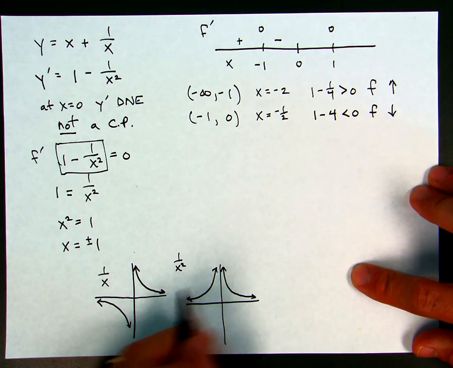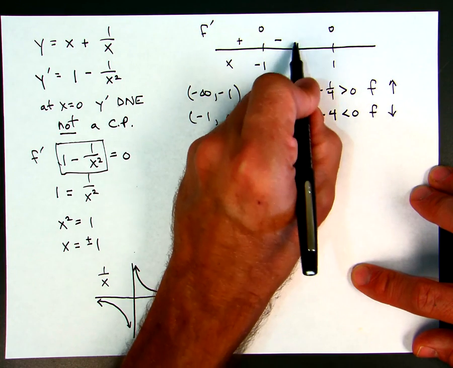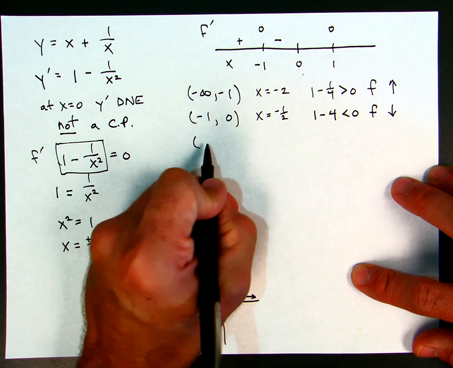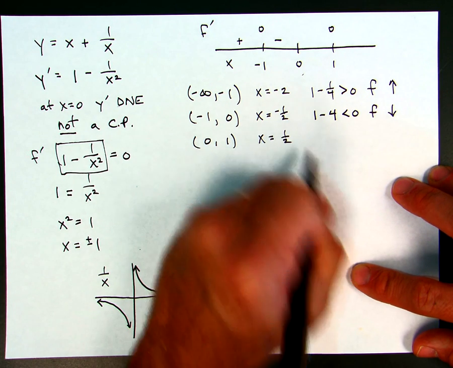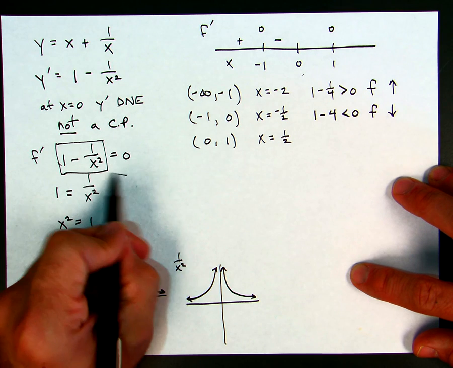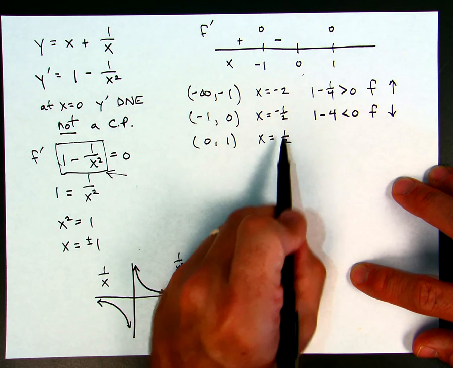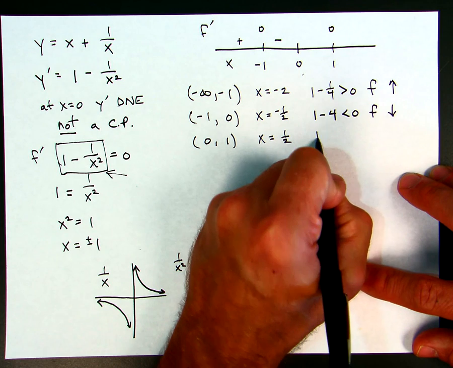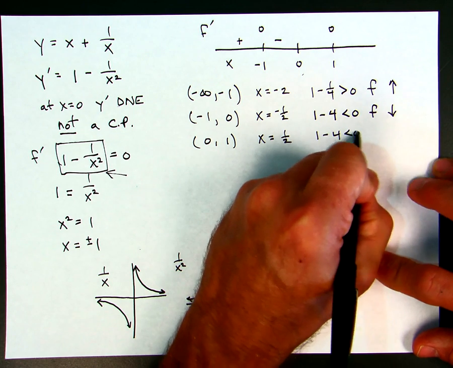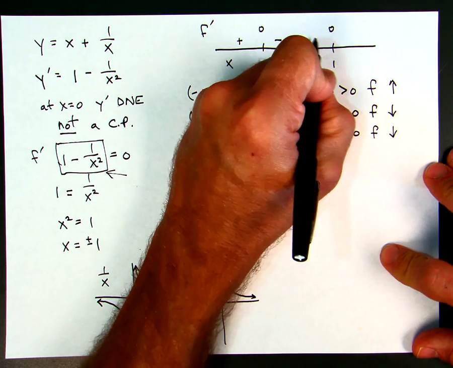Now I have a discontinuity here. I want to look on the other side of the discontinuity in the interval from 0 to 1, so I'll choose x equals 1/2. I'm going to get the same thing whether I put in -1/2 or +1/2 because I'm going to square it. So once again, I get 1 minus 4. That's negative, and f is decreasing here.